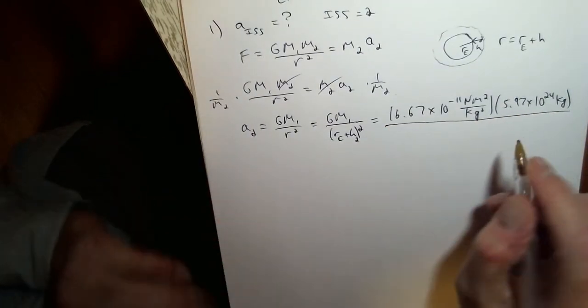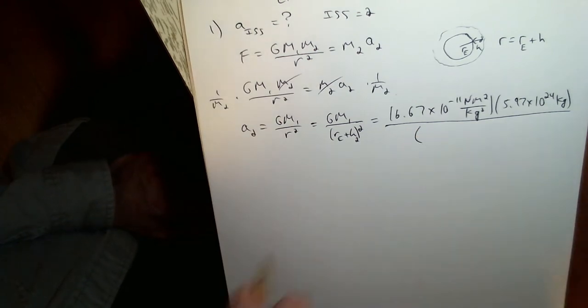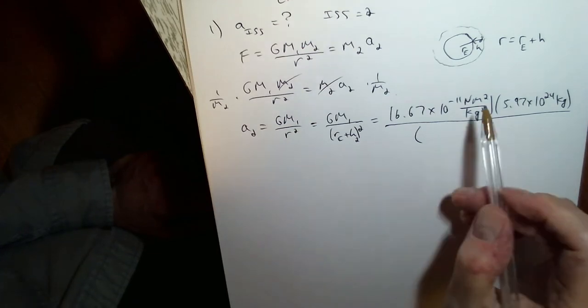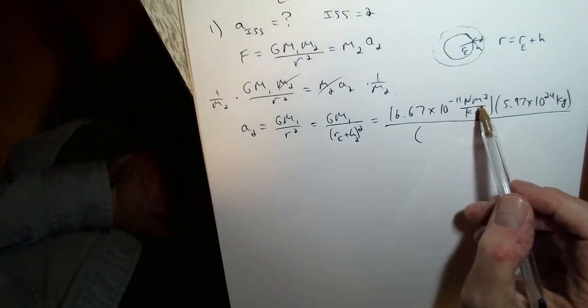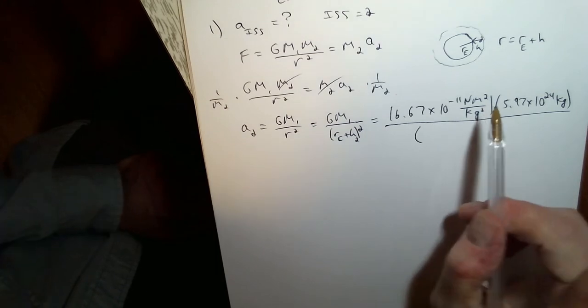And I'm dividing by radius Earth in meters, right? Because we want to cancel 1 power of meters up here. So we don't want to do kilometers.